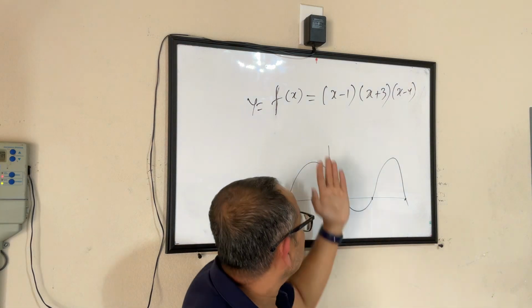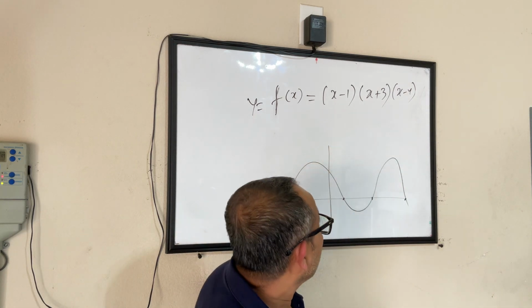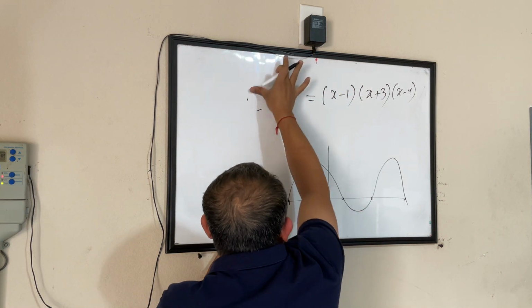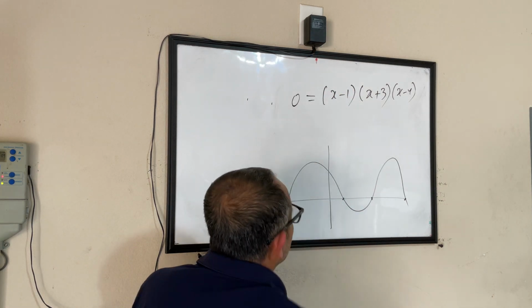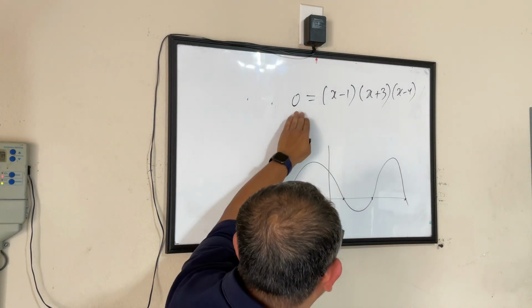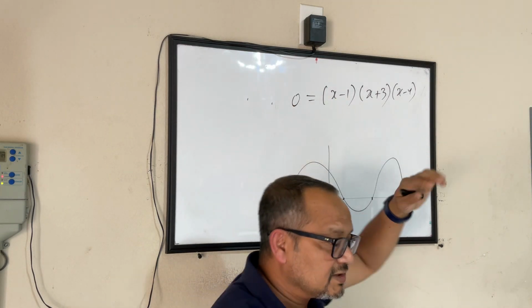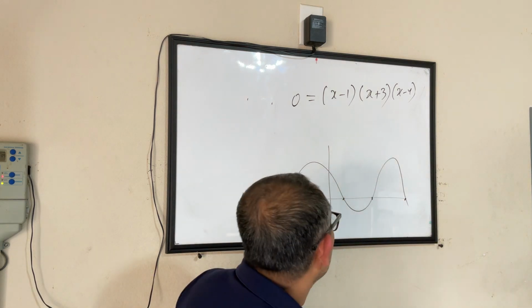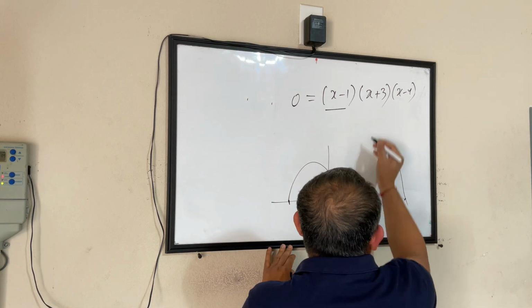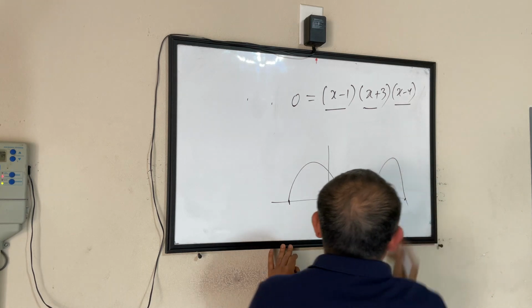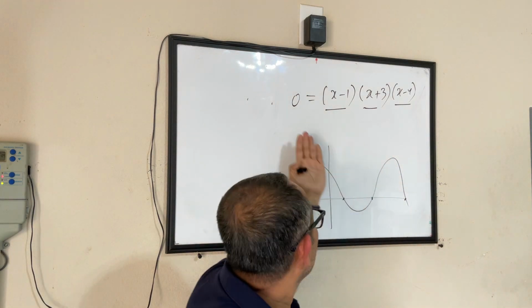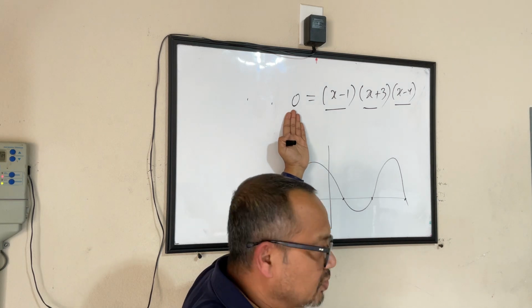So when you say zero of a polynomial, what you're talking about is this value becoming 0. And this value will be 0 under certain circumstances, when either this is 0 or this is 0 or this is 0. If one of the three becomes 0, then your overall output will be 0.